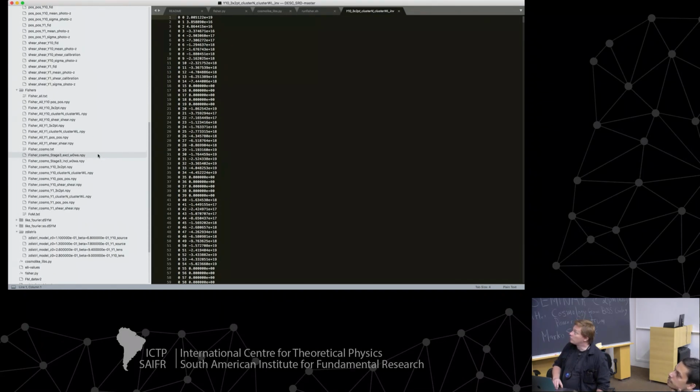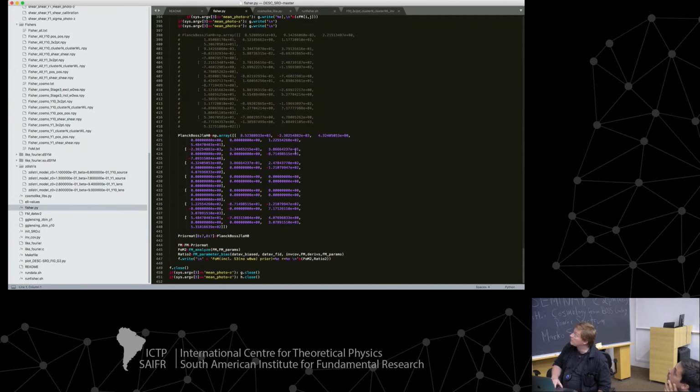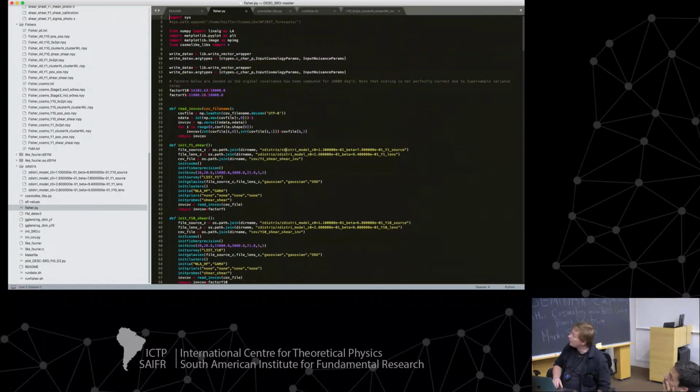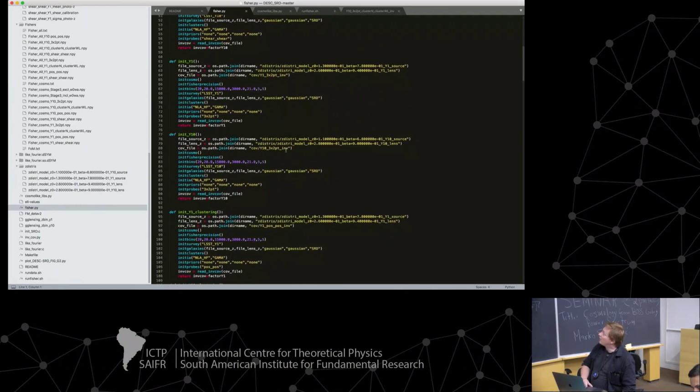So if you do run Fisher, that actually calls fisher.py. That's where all the magic happens. And this is in Python, so people who are younger will be very happy about that. You can see this is where the different initialization routines for the different cases are happening.